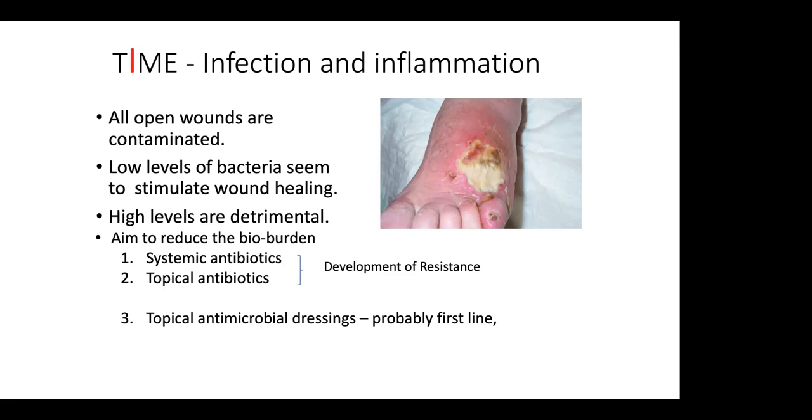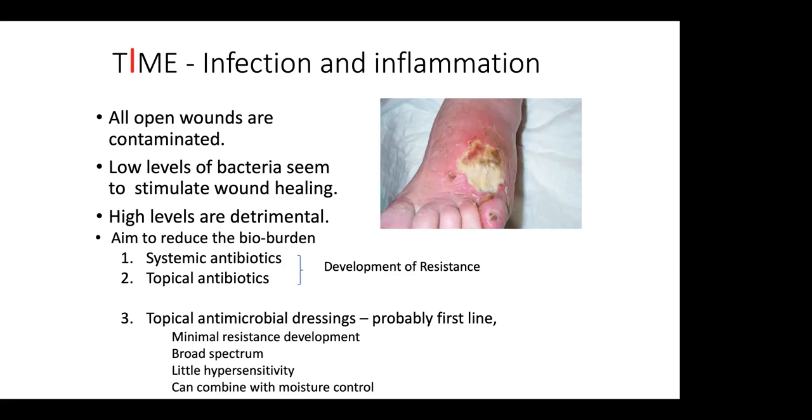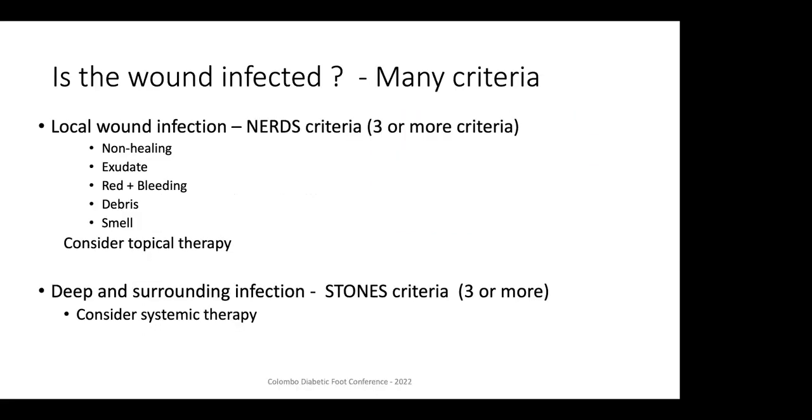So it's really important you first be able to identify this. That's the primary task. So how do you identify it? There are various criteria, and I've listed some for you all to read up on. But if you see a wound that is not healing, the exudate is smelly, purulent, there's discharge that doesn't look good, looks like pus, the smell is not good, the exudate color is not good, then you know something is going on.